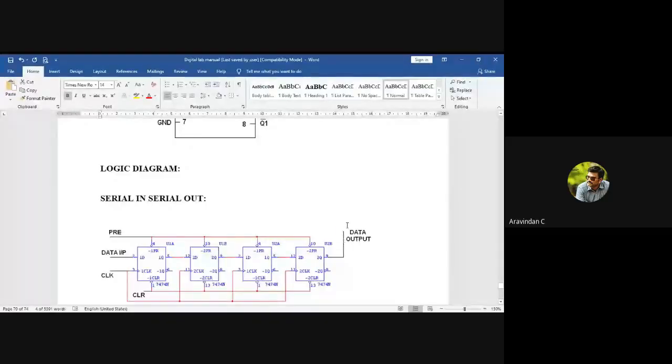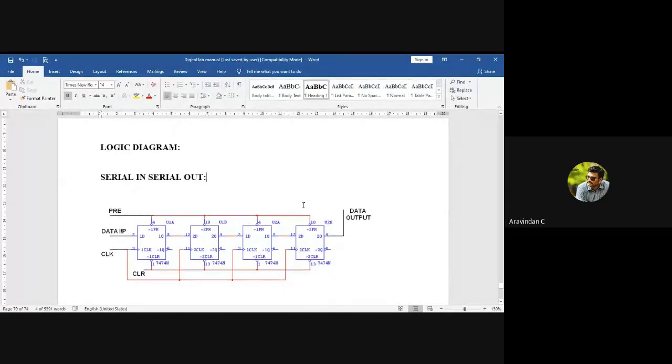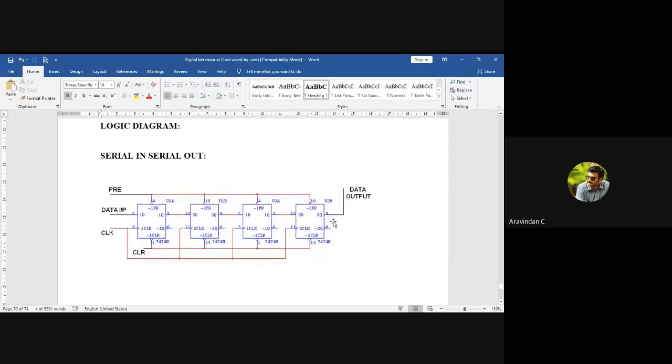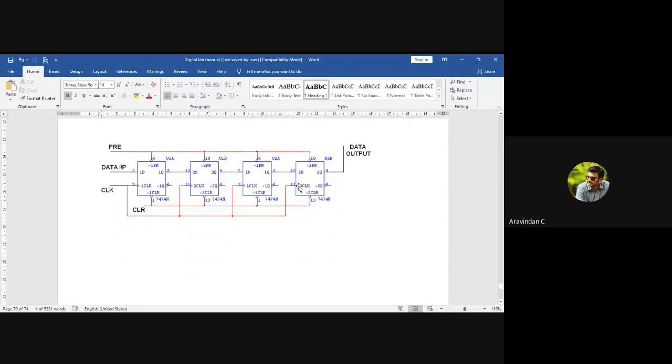So now this is the lab manual. We have done the first one, which is serial in, serial output. Here I have 4 flip-flops. You can try with 2 as well as 3, because in the PPT I have shown it with 3 flip-flops. For the demo purpose, since it's a short time, I have used only 2 flip-flops. But you can use 3 flip-flops for your circuit demo.